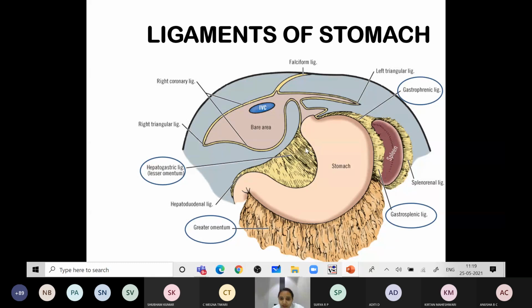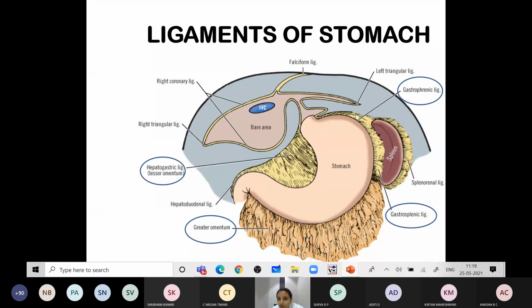The lesser omentum's anterior layer covers the anterior surface of the stomach, and the posterior layer covers the posterior surface of the stomach. From the upper part of the stomach, that is from the fundus, it is reflected over the diaphragm as the gastrophrenic ligament. Phrenic is related to the diaphragm.